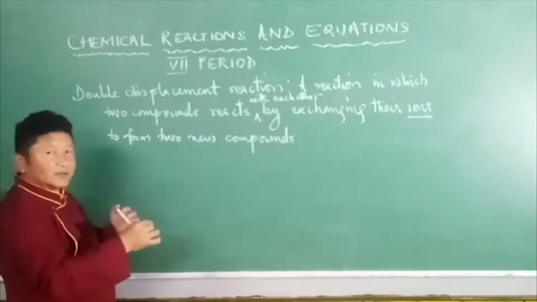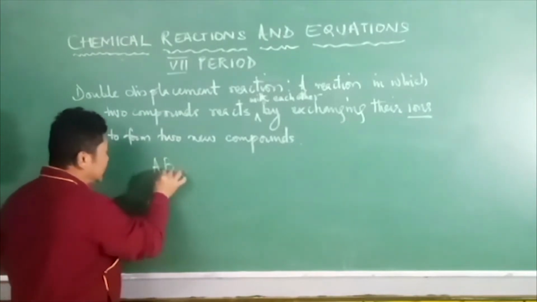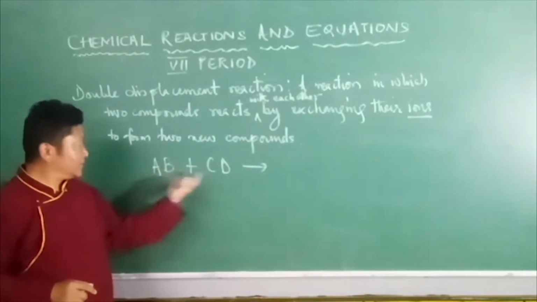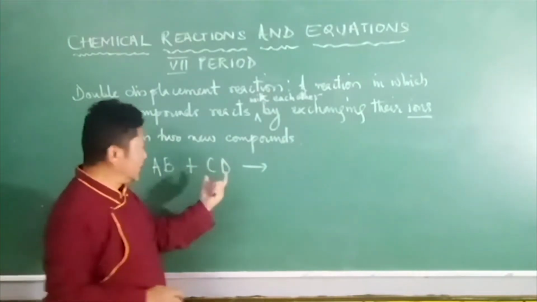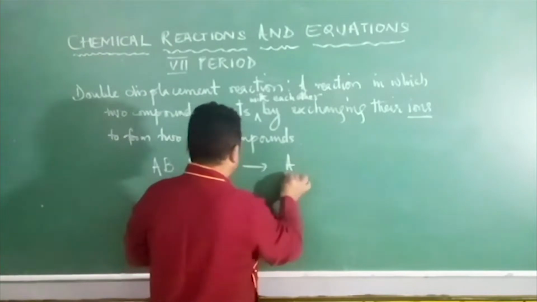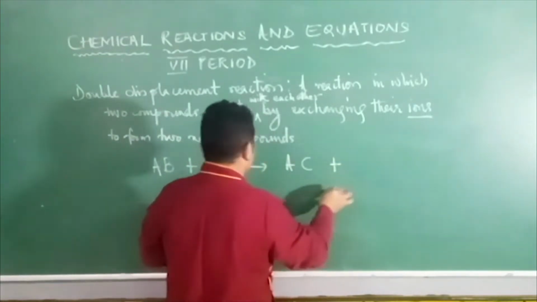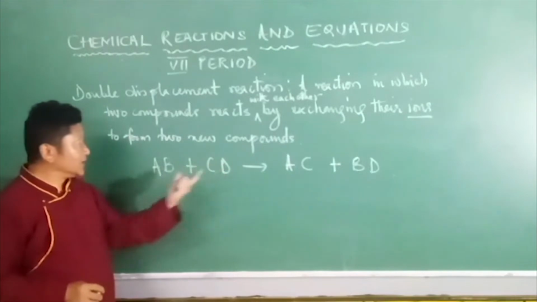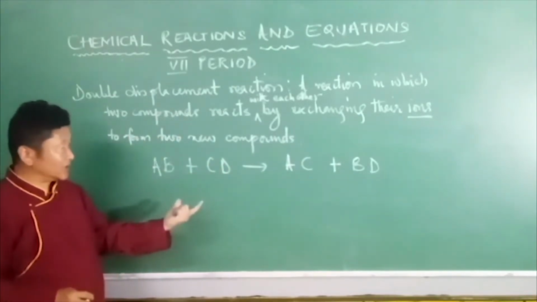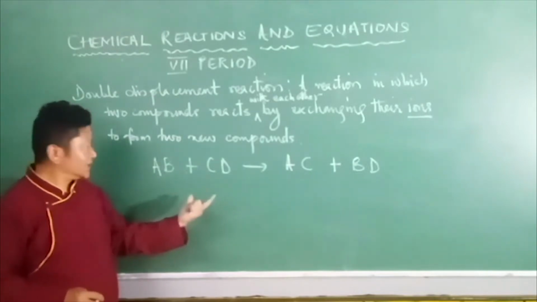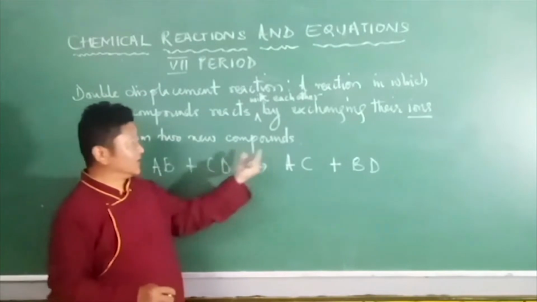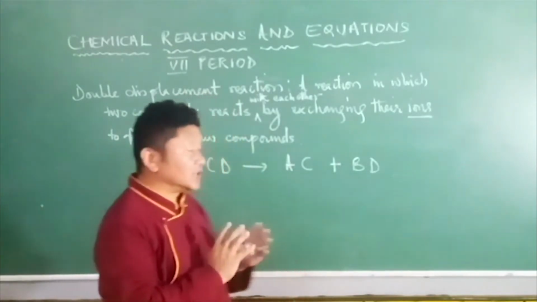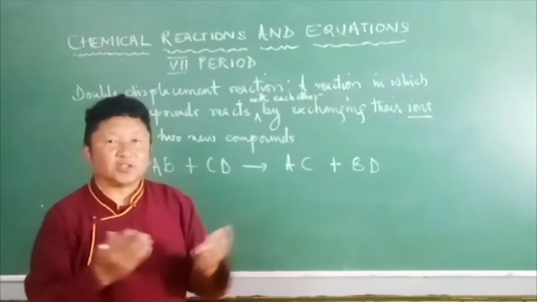Say compound AB and compound CD react. We get compounds AC and BD. That reaction is a double displacement reaction. We cannot say that element A displaces element C. The concept is ion exchange.